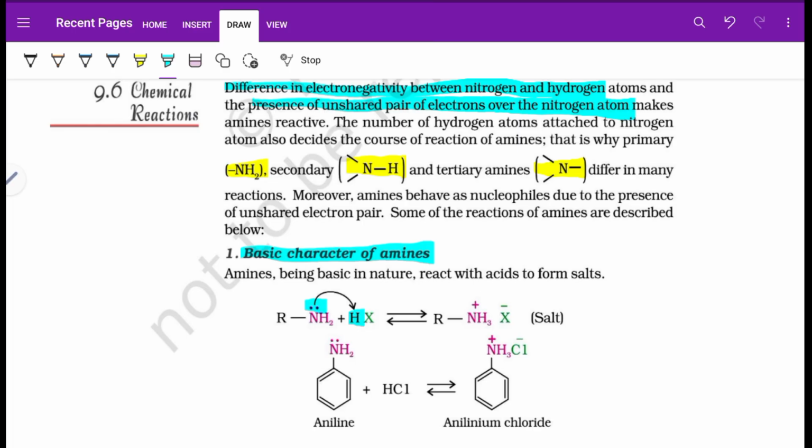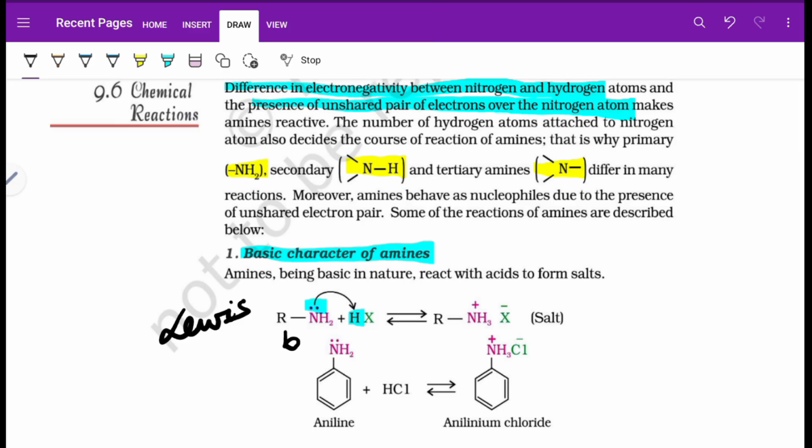And this is the reaction that we are seeing, where if I say that this RNH2 is a base, then it is of course a Lewis base because it has a lone pair, and Lewis bases are lone pair donors. We can also say, as per the protonic concept, that they are capable of abstracting proton.